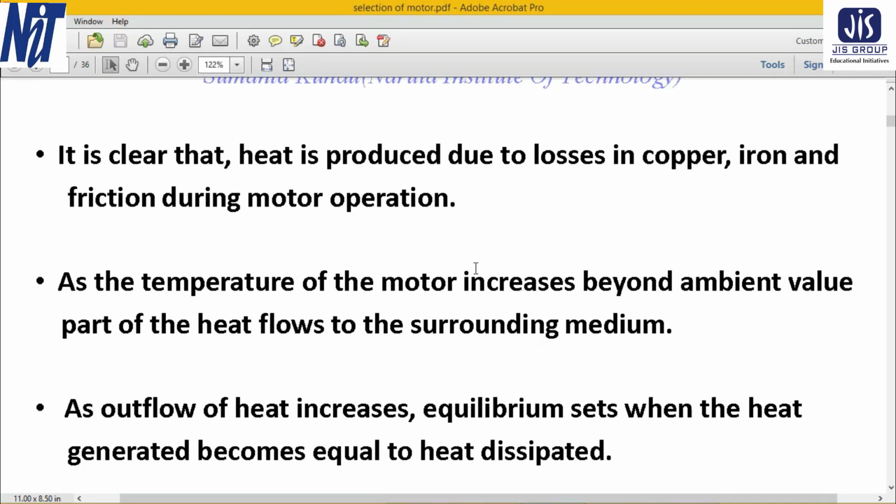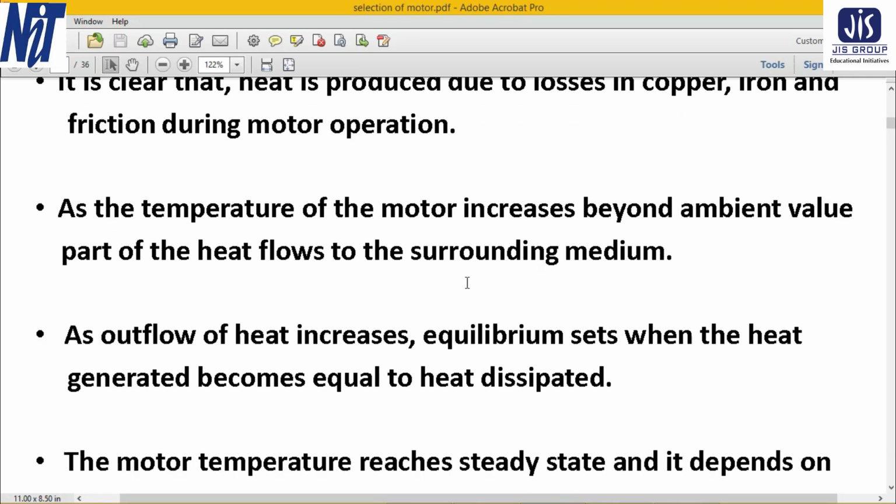So as the motor temperature rises, heat outflow increases, and if the heat outflow increases, it will disturb the equilibrium. So equilibrium only sets when the heat generated by the motor beyond the ambient temperature will be equal to the heat dissipated, that is, motor temperature has to reach a steady state value.